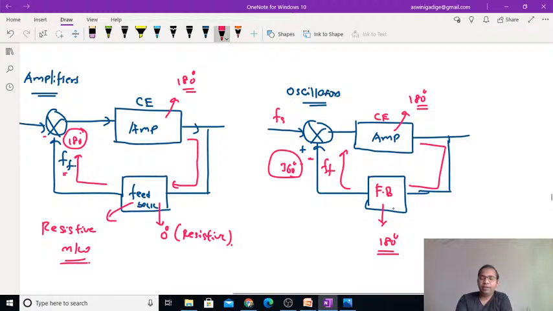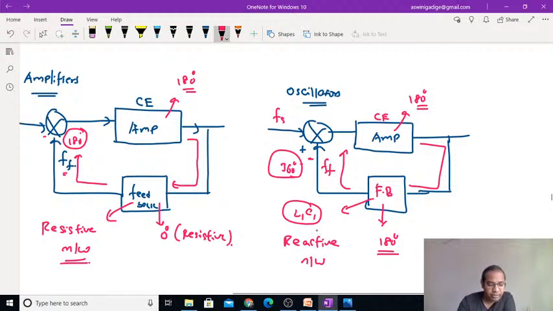If you want to get the 180 degrees phase shift from this feedback network, then it must contain either an inductor or a capacitor. That's why this type of feedback network is called a reactive network.